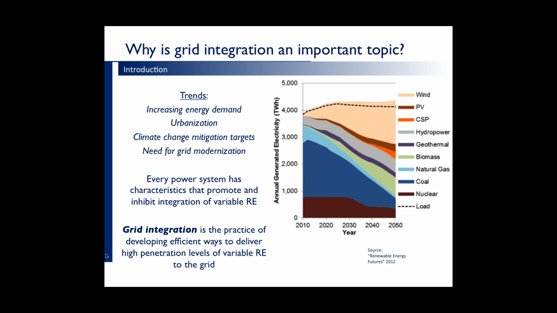What we focus on a lot here at NREL, and others around the world also take a look at these issues: how can we design and how can we operate the power system in such a way that we can more efficiently integrate renewable energy? And when I say efficiently, we want to do it at least cost, and we want to do it according to some reliability target, which can be set by different countries based on policy decisions.